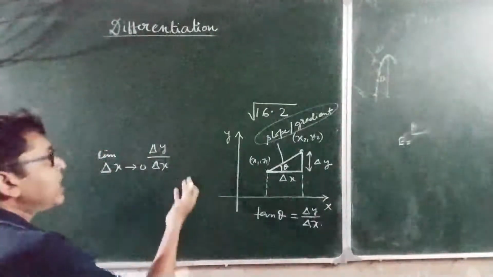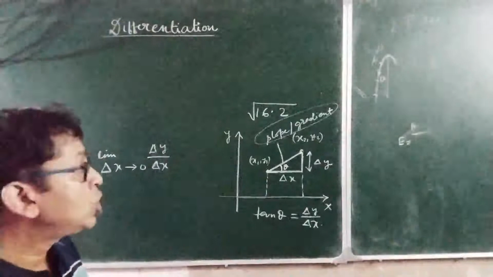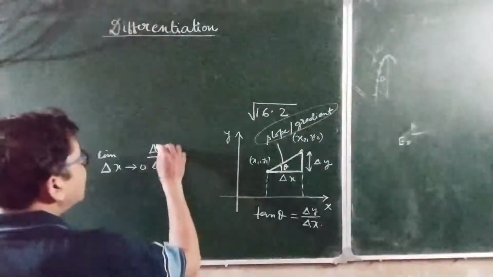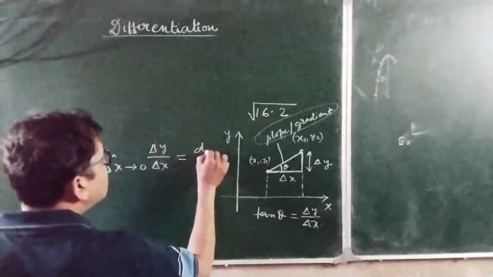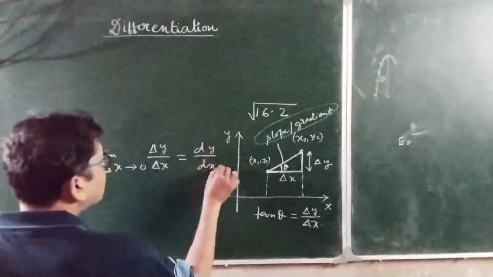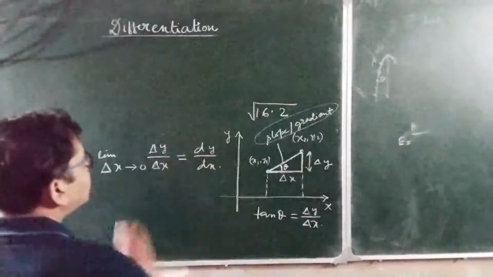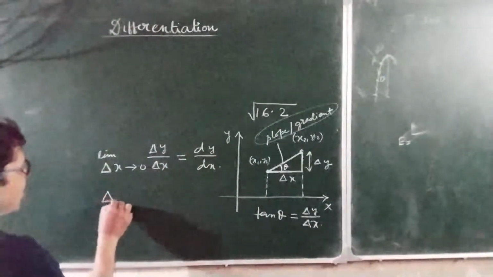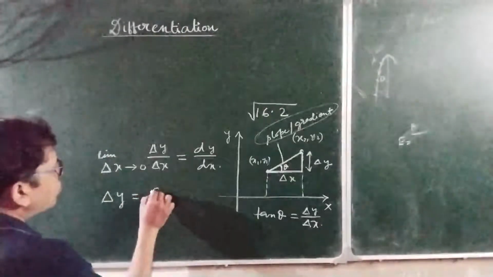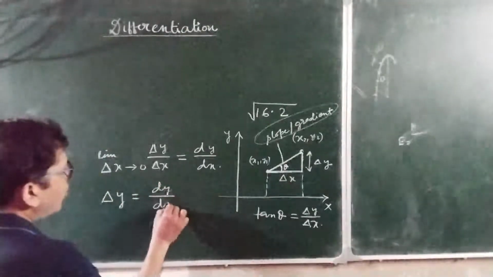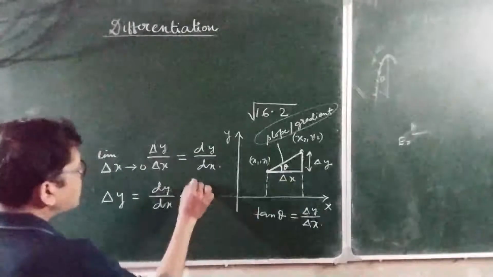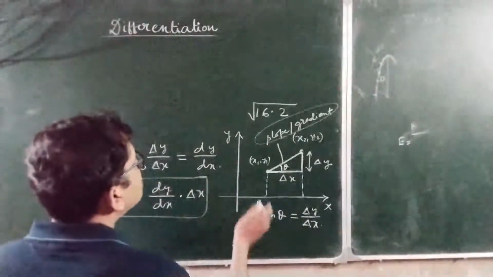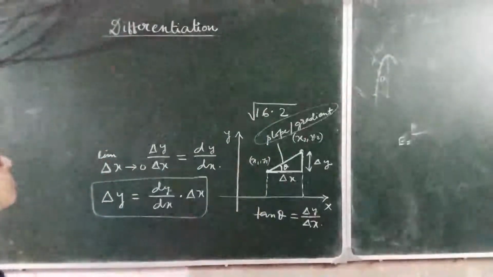But when that change tends to 0, like a small quantity, then we can change the symbol to d. So from here we can write del y is equal to dy upon dx into del x. This is a formula very much useful for this type of calculation.